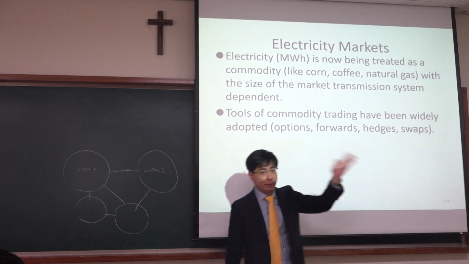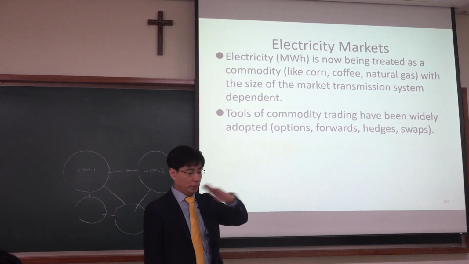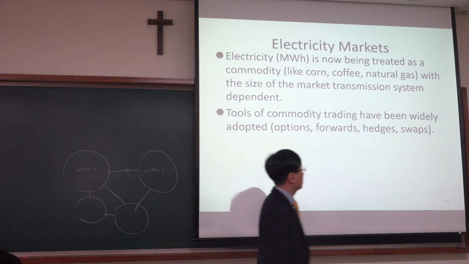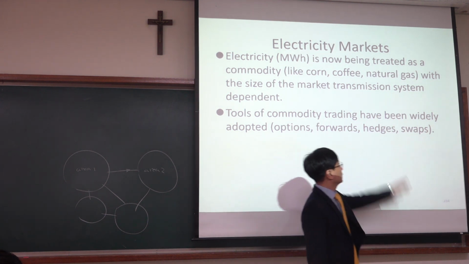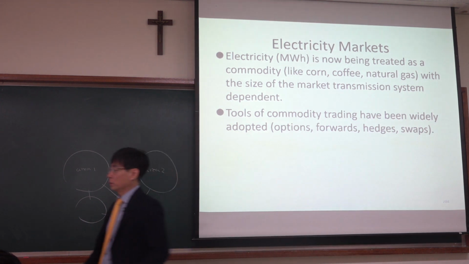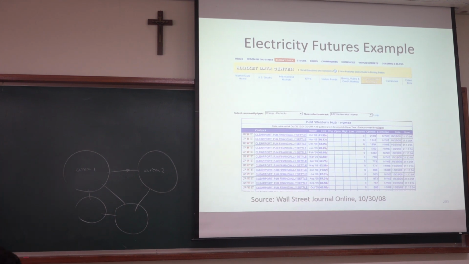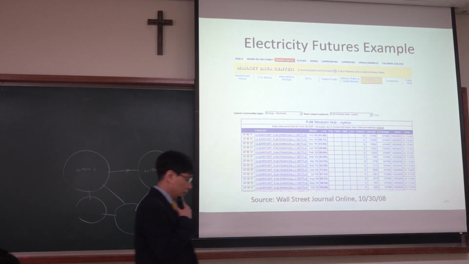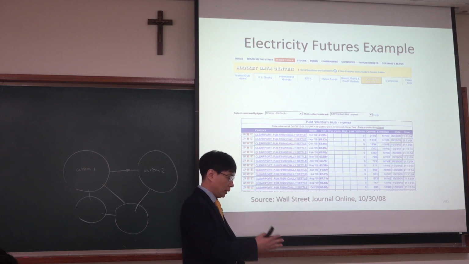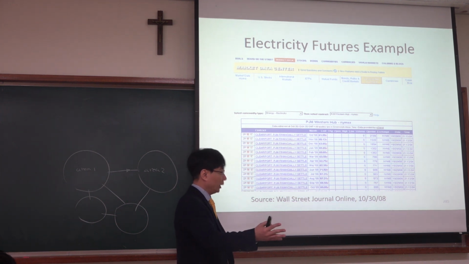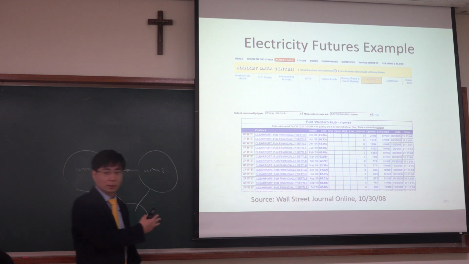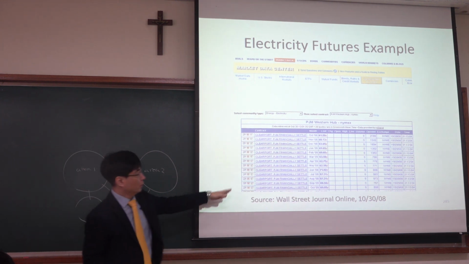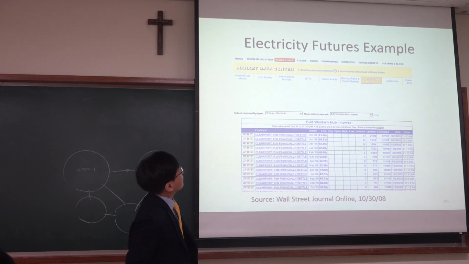Hedging means there is uncertainty, so you need to be prepared for 2 or 3 different cases. And swap, so this kind of technique can be used in the electricity market as well. And this is an example of electricity futures. If you have some experience with futures and options in stock trading, you may be familiar with this stuff as well.